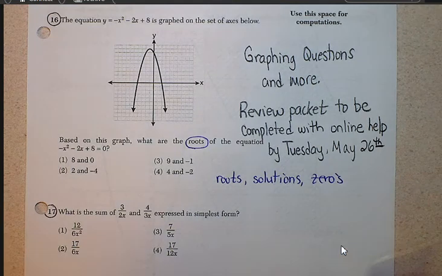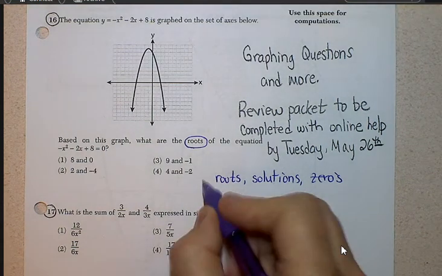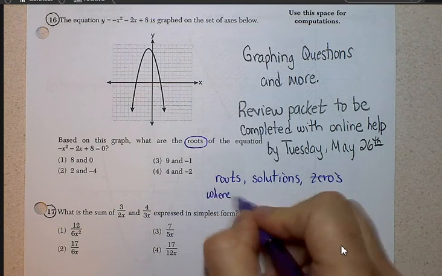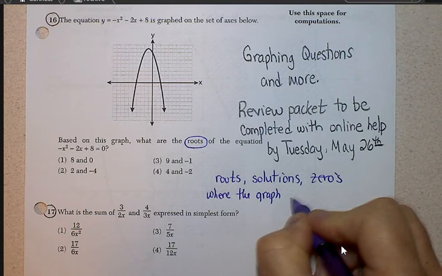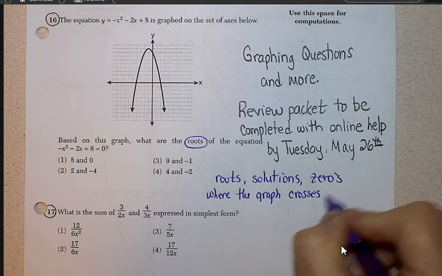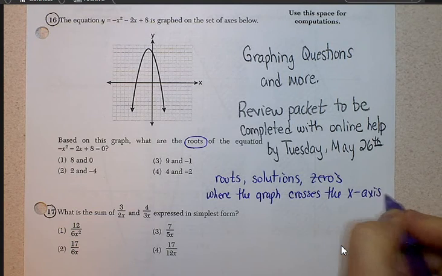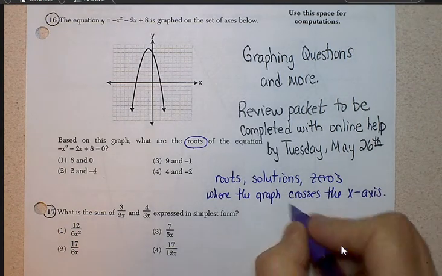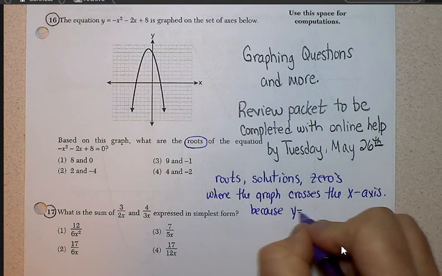When we take a look at the roots or solutions or zeros, this is where the graph crosses the x-axis, and that's because this is where y is equal to 0.